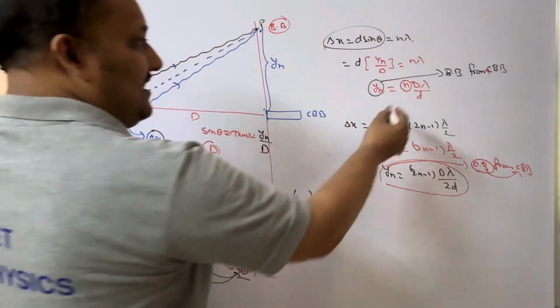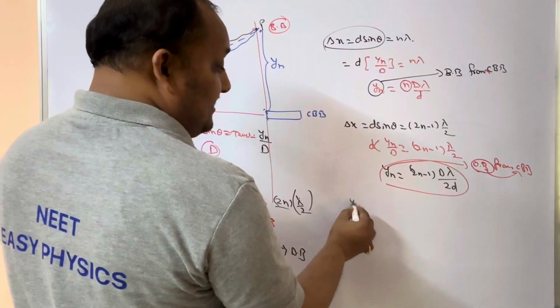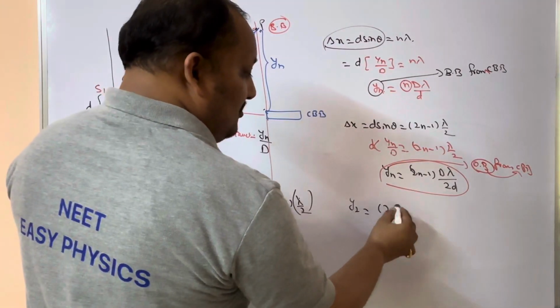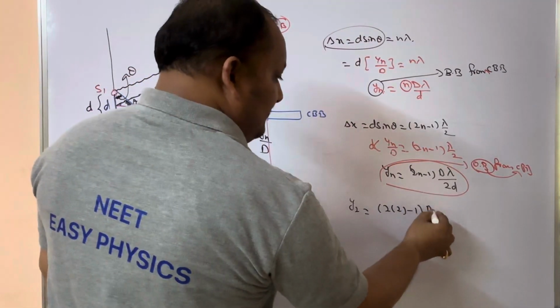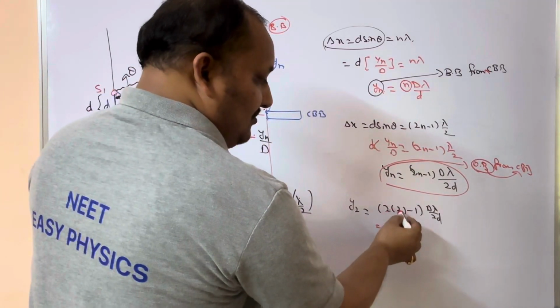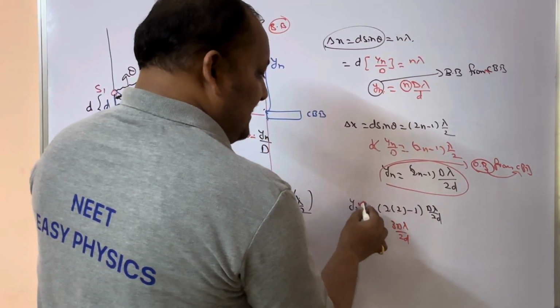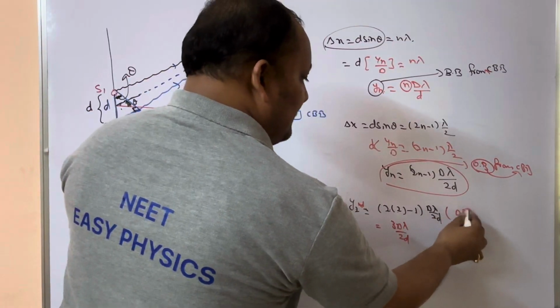Now we will see the second dark band distance. Then y2 is 2 into 2 minus 1, D lambda by 2d. 2 twos are 4, 4 minus 1, so 3D lambda by 2d. This is the second dark band distance.